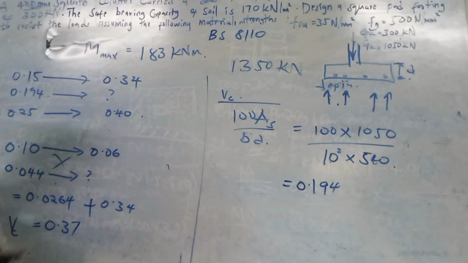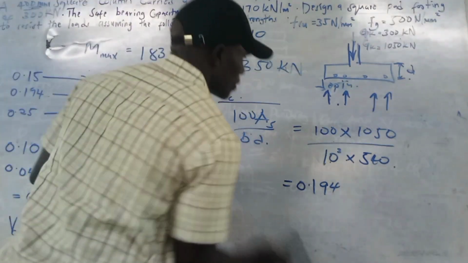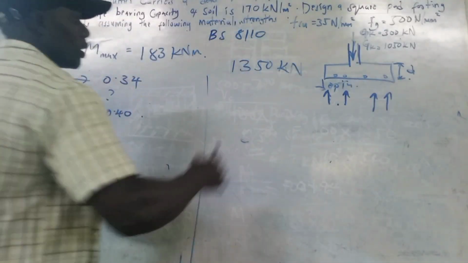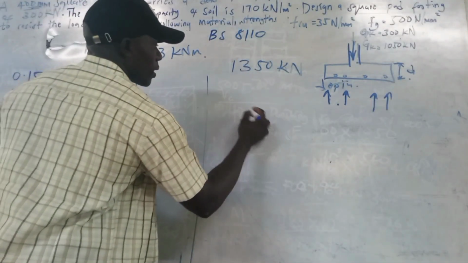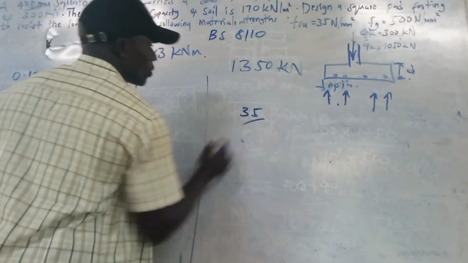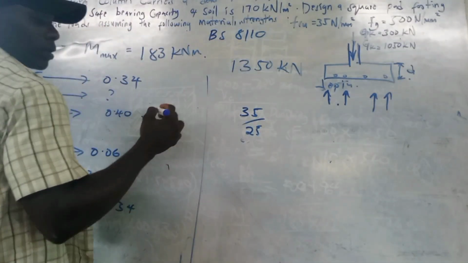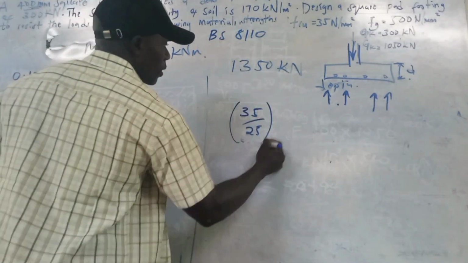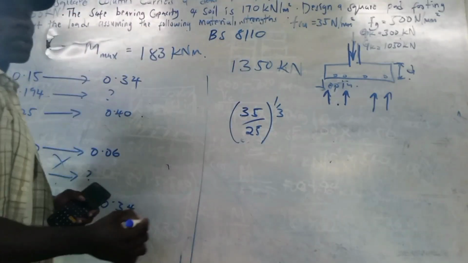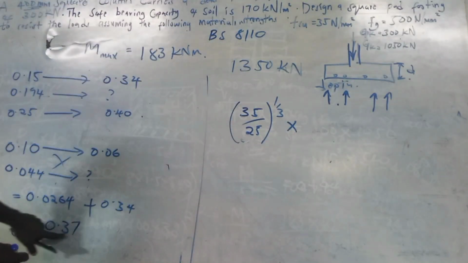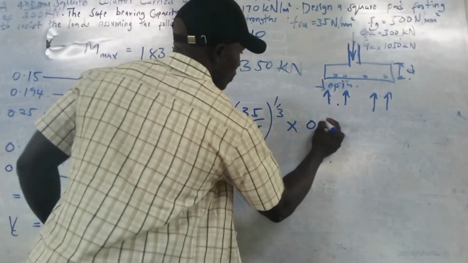So what do you do? You simply do this. Take the class you want, divided by the one we've read from the table, then find the cube root. Multiply that one with what you got, 0.37.